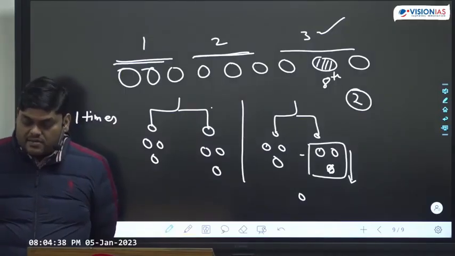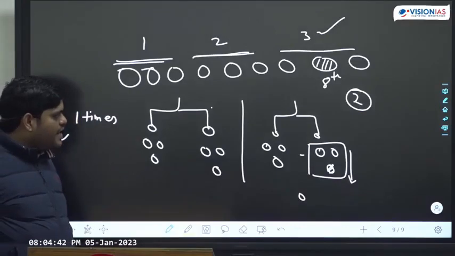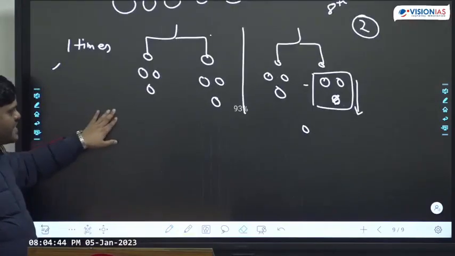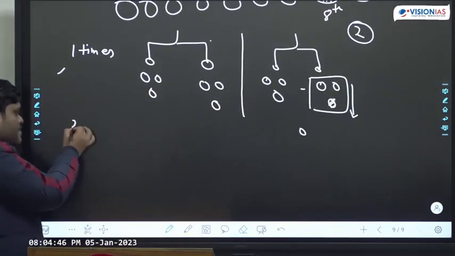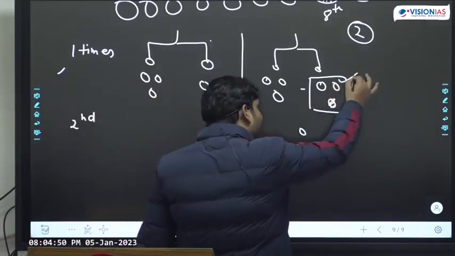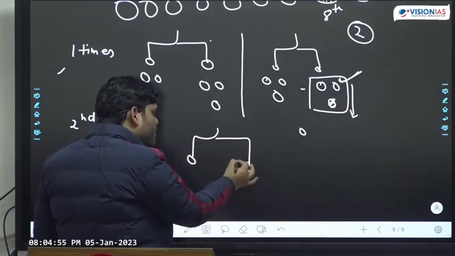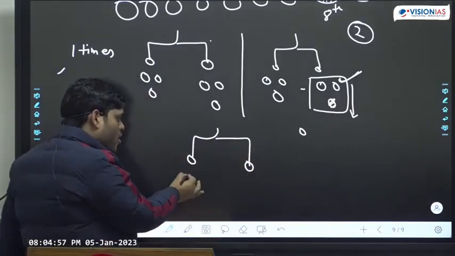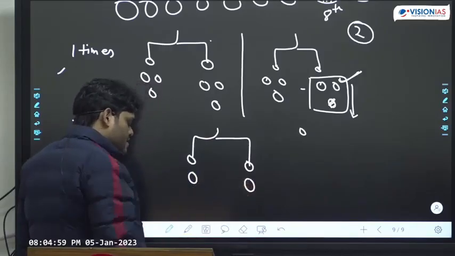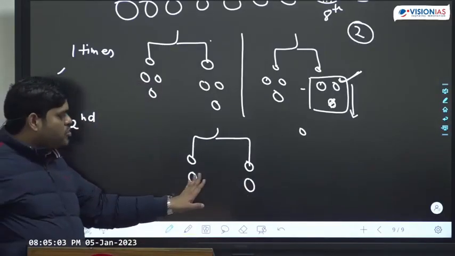Any doubt here? Okay. Now, what will we do next? The second time, now that we have identified this lot has the heavier ball. When we use it the second time, we will put one ball here and one ball here. Again, 2 possibilities are there. The first possibility is both are equal.